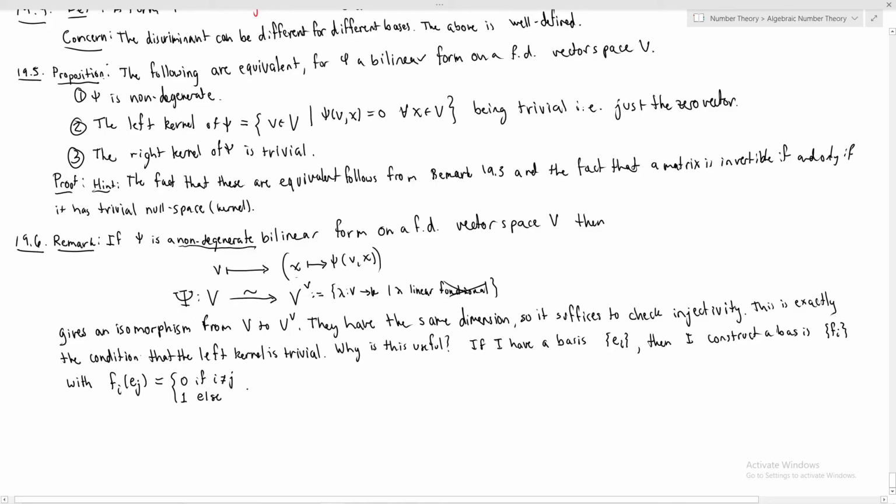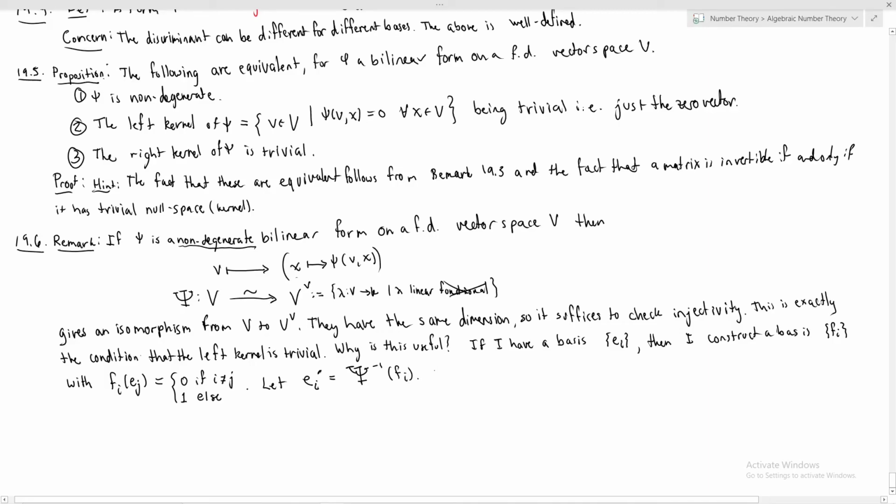And I can use this isomorphism psi to translate that back into a basis for big V. So I'd let e_i prime be big psi inverse of f_i. Then what useful properties does this have?